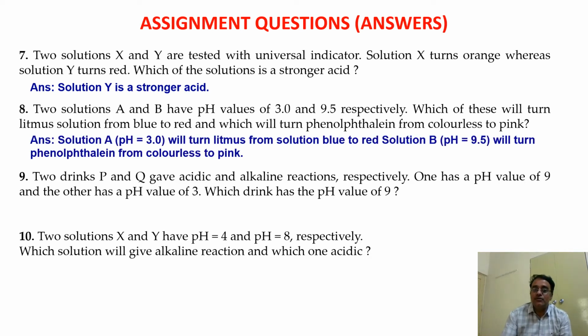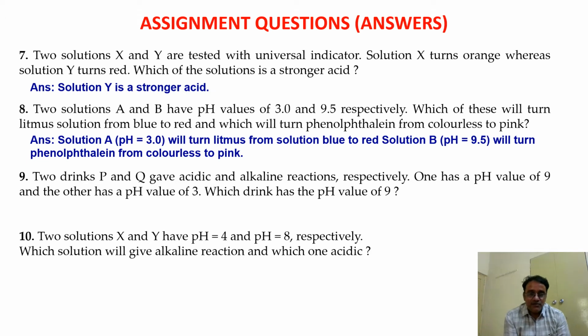So blue to red is changed by an acid. So pH equals 3.0 is the pH for an acid. It is an acid solution, so that is why it will change the litmus from blue to red. And a base converts phenolphthalein from colorless to pink. So pH equals 9.5 is for a base. So that will turn phenolphthalein from colorless to pink.